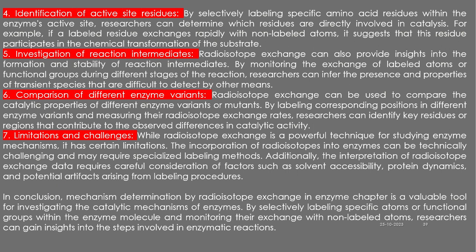Radioisotope exchange can be used to compare or monitor the catalytic properties of the different enzyme variants or mutants. By labeling a corresponding position in the different enzyme variants and measuring the radioisotope exchange rate, one can identify the key residues or the key regions that contribute to observed differences in the catalytic activity.